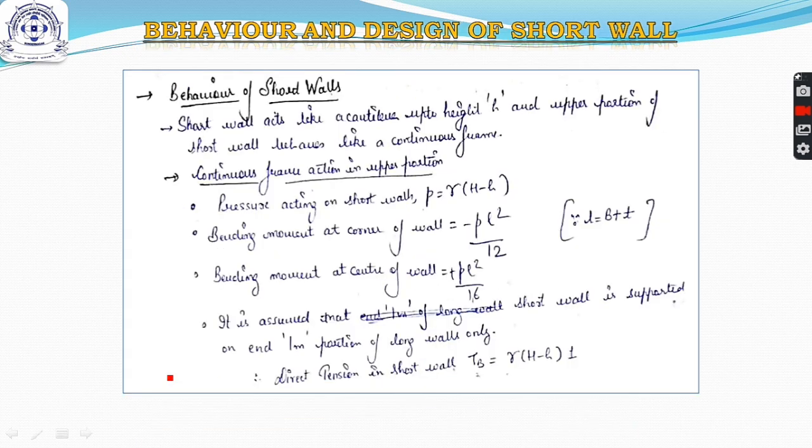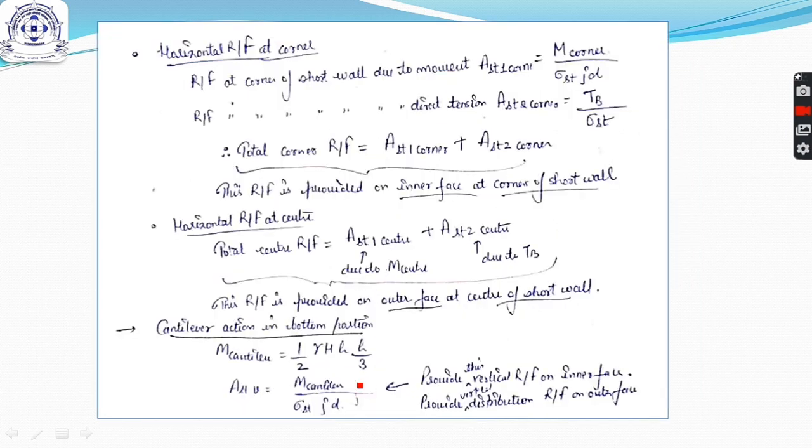Now the behavior of the short wall will be the same as we did in the previous case. The upper portion will act like a continuous frame, so we calculate the water pressure, we calculate the fixed end moments, and then we calculate the direct tension in the short wall, and we calculate horizontal reinforcement at the corner and at the center.